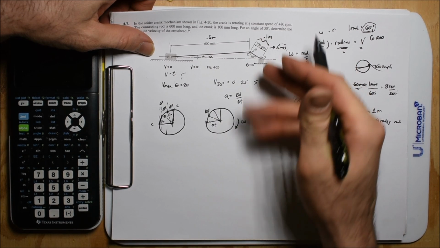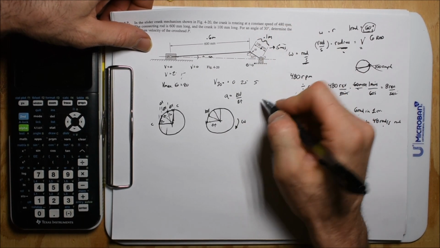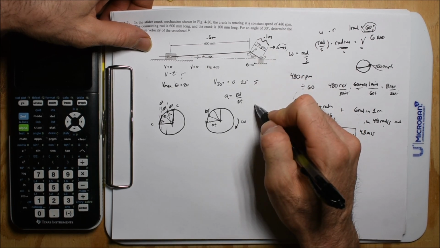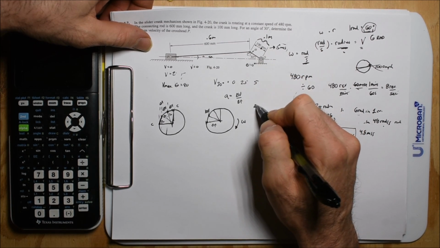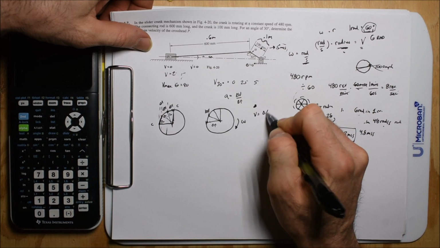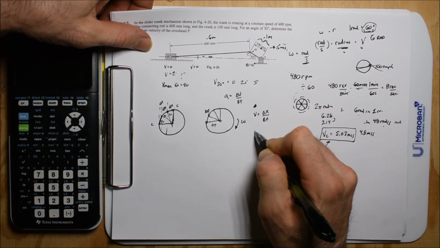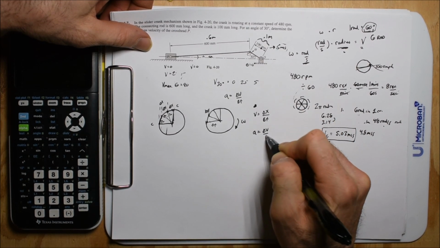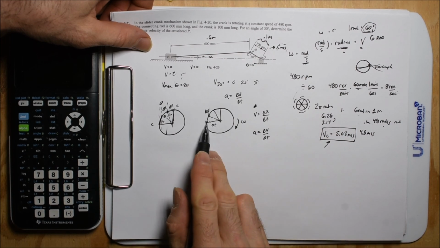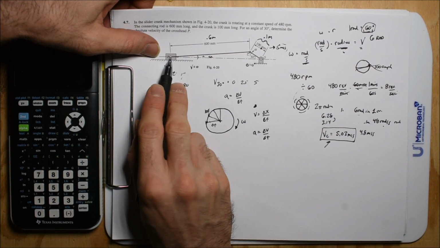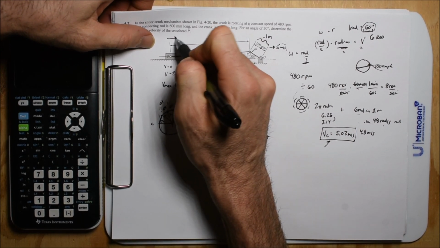So the two equations that you need to use while you're doing physics with velocity and acceleration are the definition of velocity and acceleration. Velocity is change in position over change in time, and acceleration is change in velocity over change in time. The change in velocity we're interested in is the velocity in this direction.